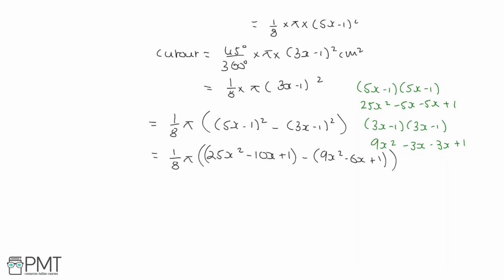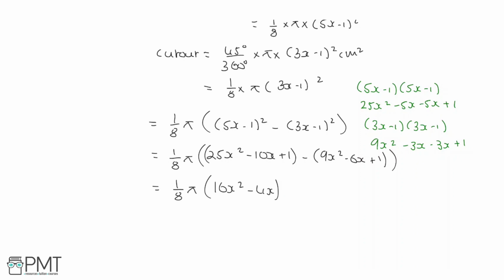This equals 1 over 8 pi times 25x squared minus 9x squared. We're collecting like terms here, so this is 16x squared. Minus 10x minus 6x is minus 16, minus 10x minus 6x. So we're going to add the 6x on, and we have minus 4x.